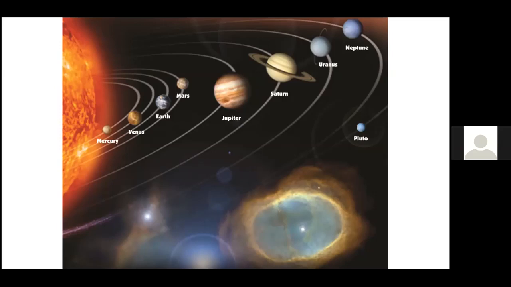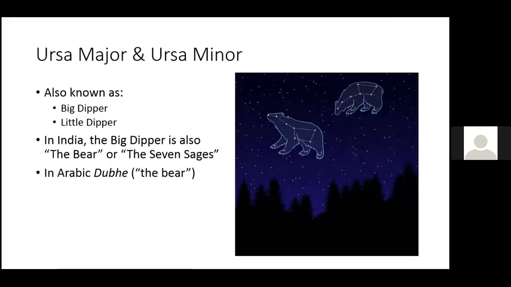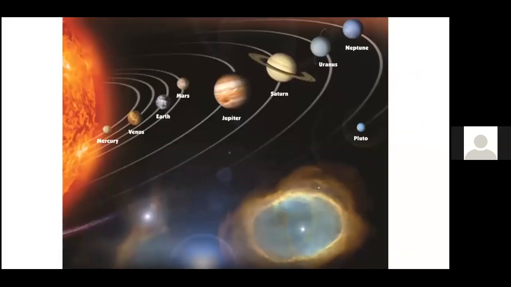All right, so the next question on the star honor: how fast does light travel? Well, it travels at the speed of light. It actually travels at 186,000 miles per second. That's not miles per hour, that's miles per second, so super fast.